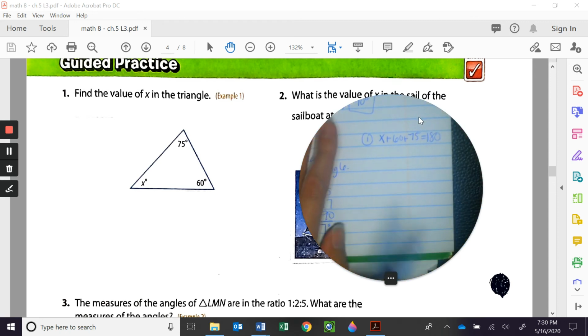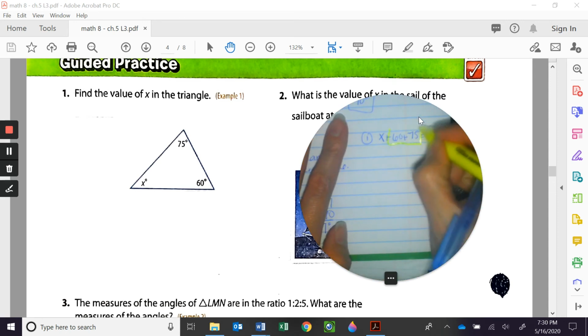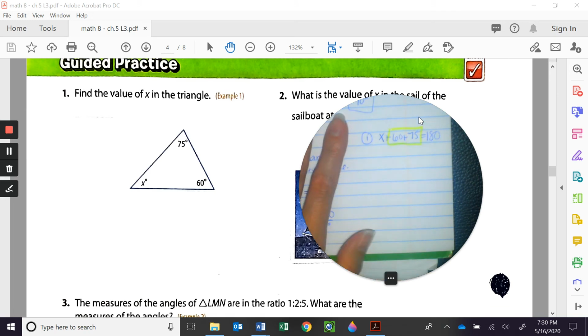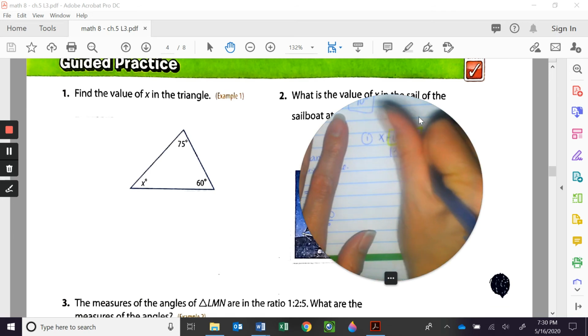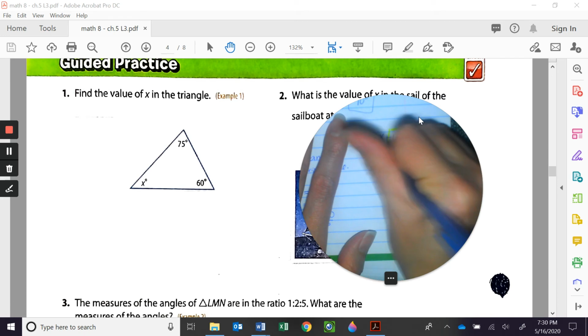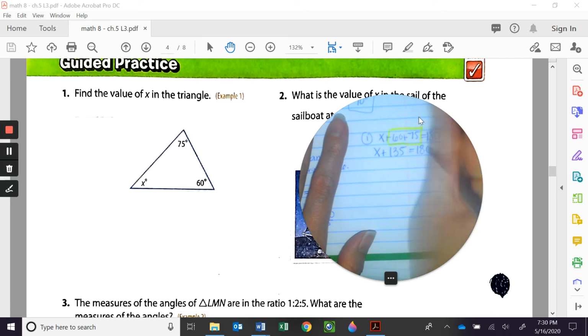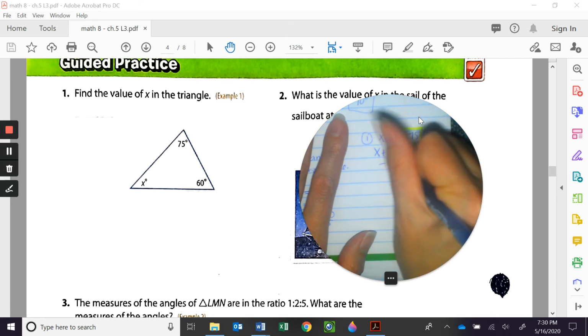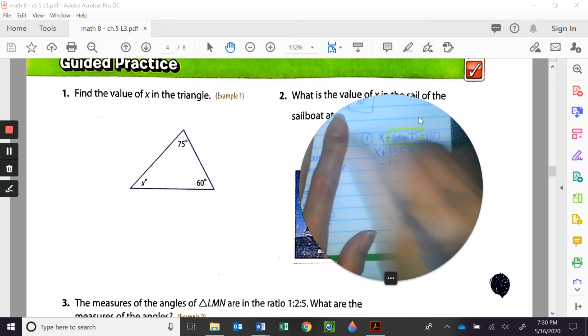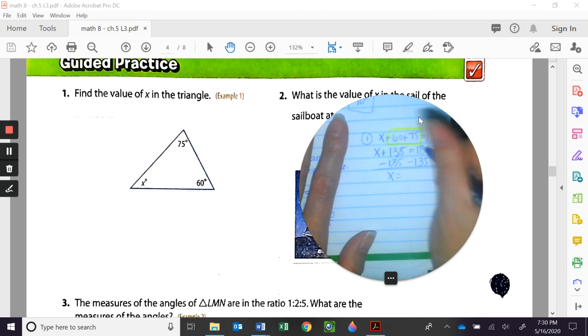So let's combine our like terms. So we get 135 plus x equals 180. Subtract your 135, and we get x equals 45.